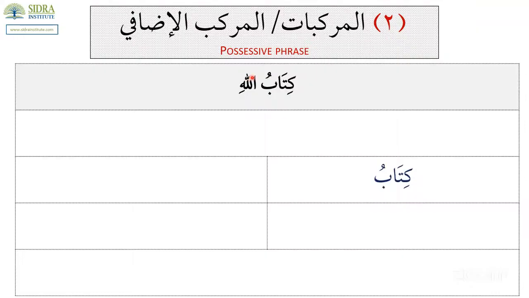Now let's break this down in terms of tarkeeb, because what we're mostly heavily focusing on is the sentence construction. And when we construct sentences, we have to label each word in terms of its grammatical function or tag.